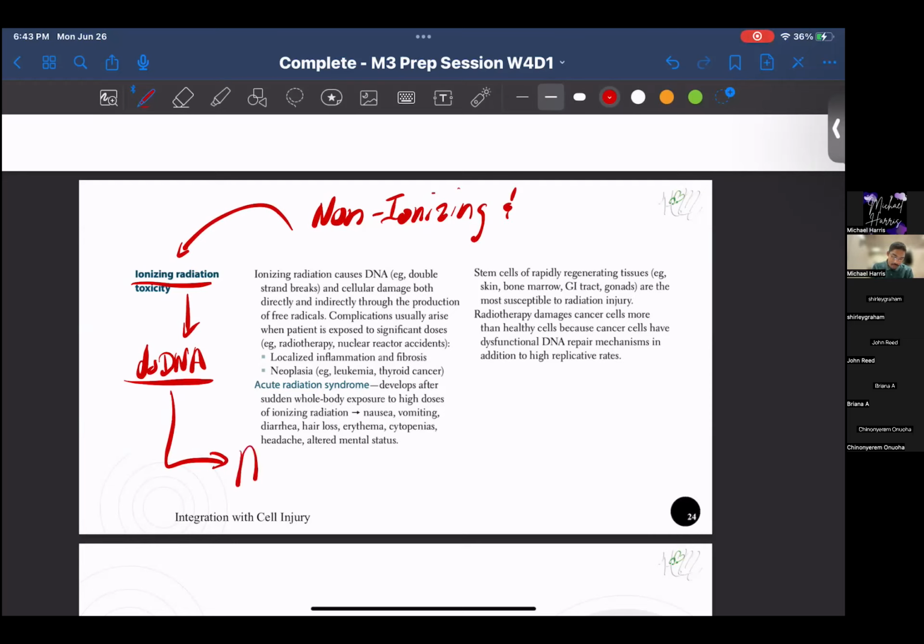So ATM picks it up, right? And then it'll either undergo recombination, right? Or it'll undergo non-recombination.